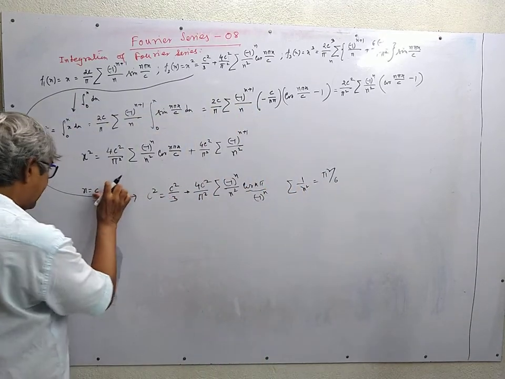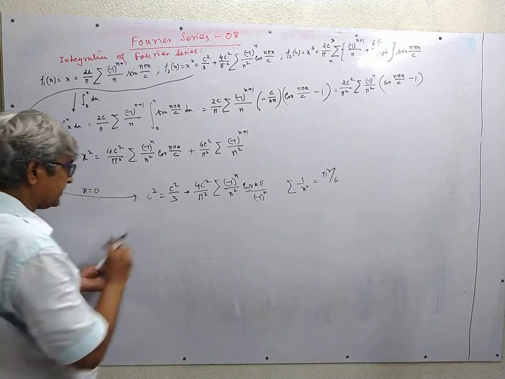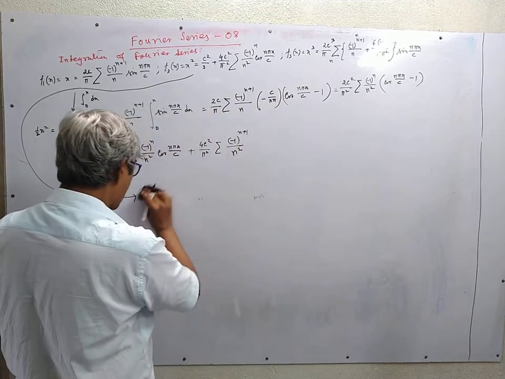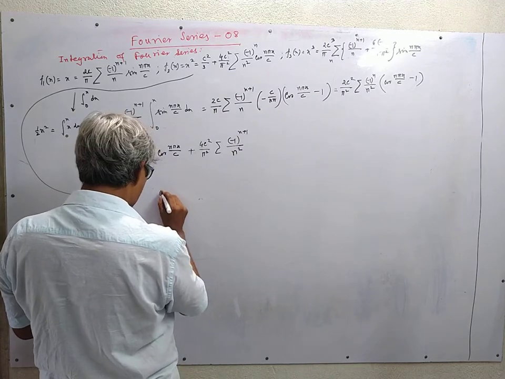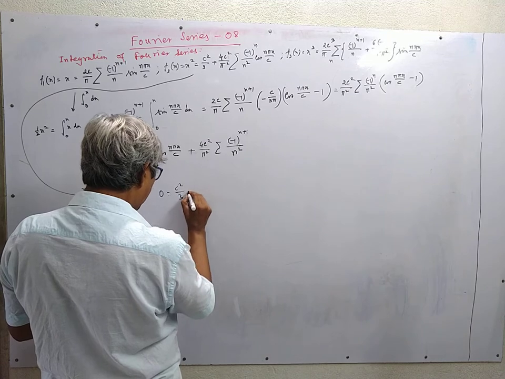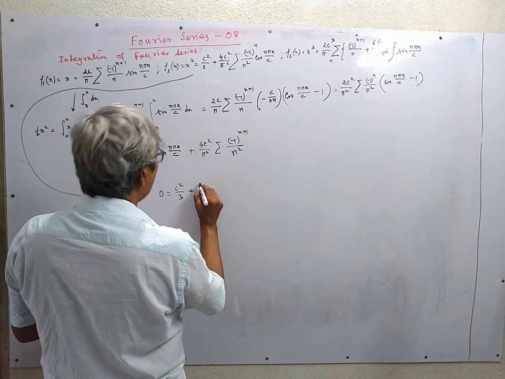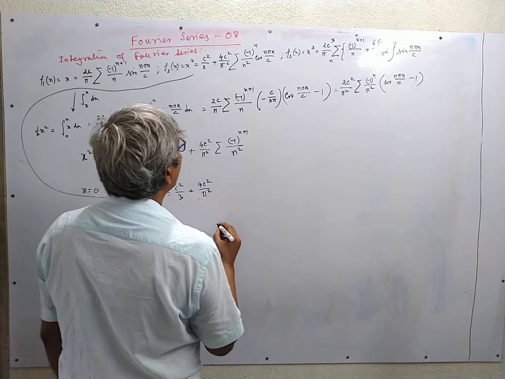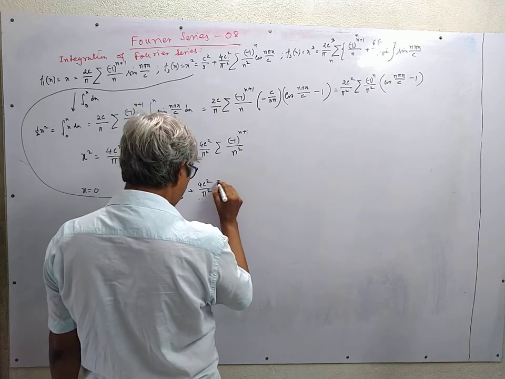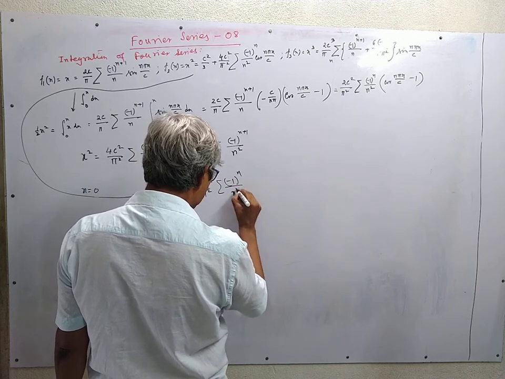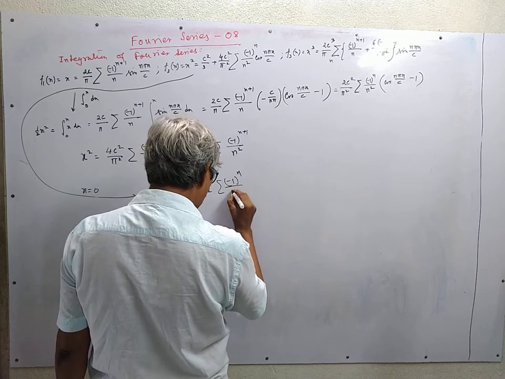So we put x is equal to 0 in this case in F2, and we will have on the left hand side 0 is equal to c square upon 3 plus 4c square by pi square, and then we will have minus 1 to the power n square, and cos of 0 is 1.